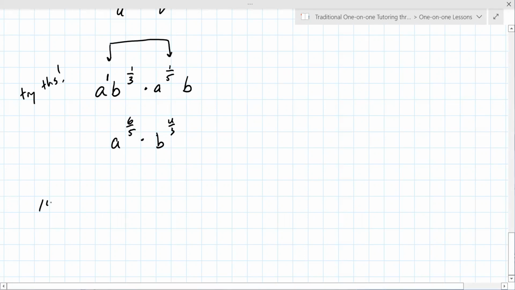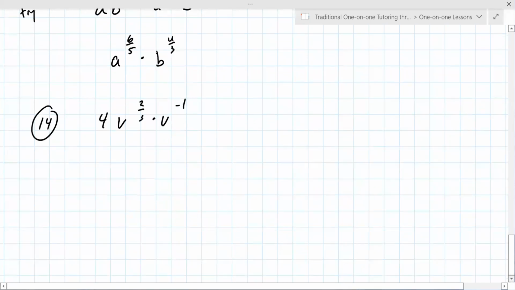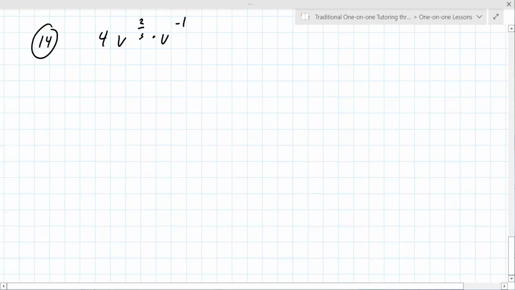Okay, good. So let's look at 14 together now on your worksheet. 4v to the 2/3 times v to the -1. The thing that I want you to take note of here is that the four is just going to come with the answer. But if there was, let's say, a 3 here, you would multiply those two numbers.